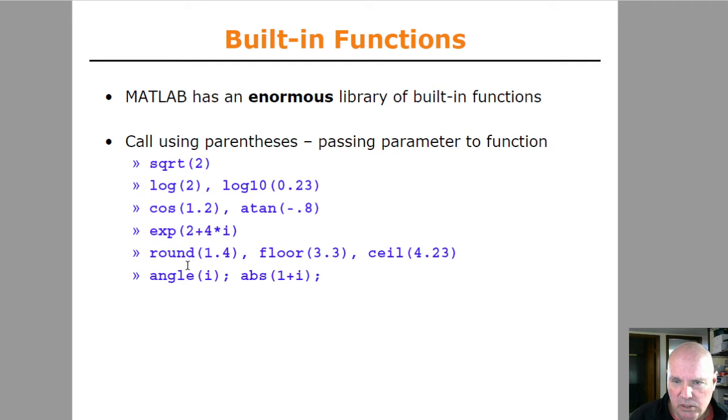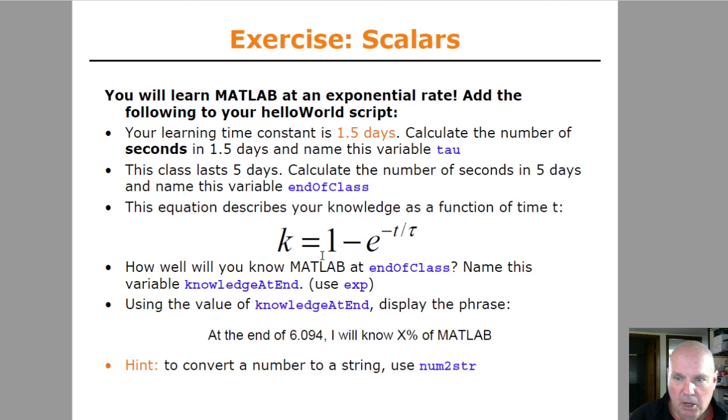There are various rounding functions, which will round to the nearest integer. Floor truncates, rounds toward 0. Ceiling rounds toward the next integer above. There are operations for working with complex values, for finding the angle of a complex number, or the radius or absolute value of a complex number.